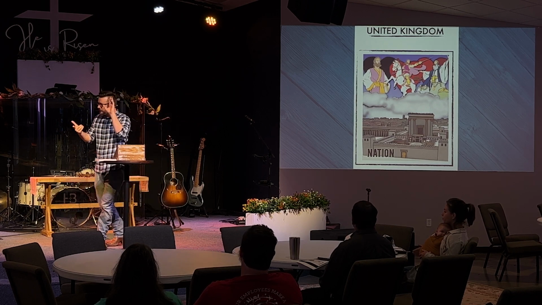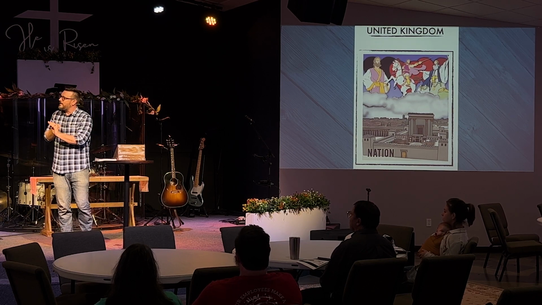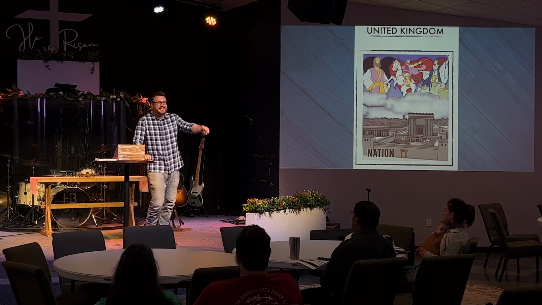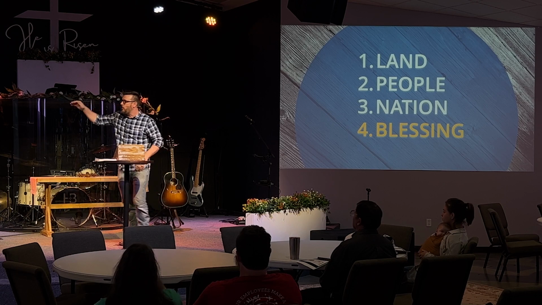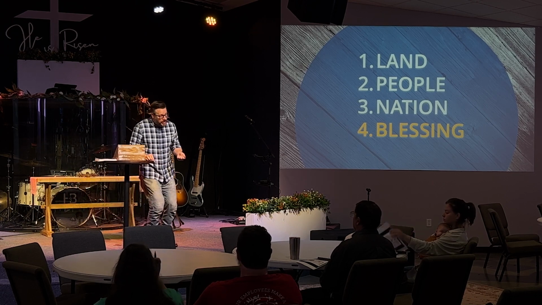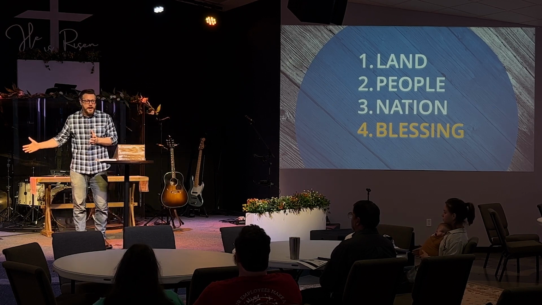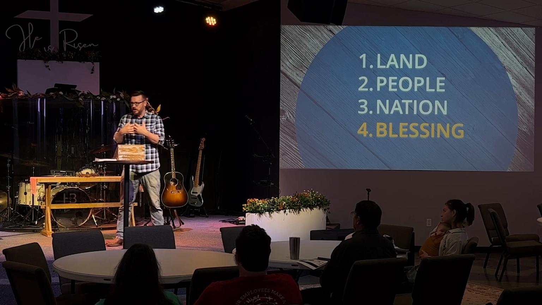They're now in the land, they're a great people, and they're a great nation, and God reaffirms to David, there's a blessing coming through your bloodline. So all of them are looking really, really good. But his son Solomon, while he was the wisest man of all time, his heart wasn't fully committed to God.